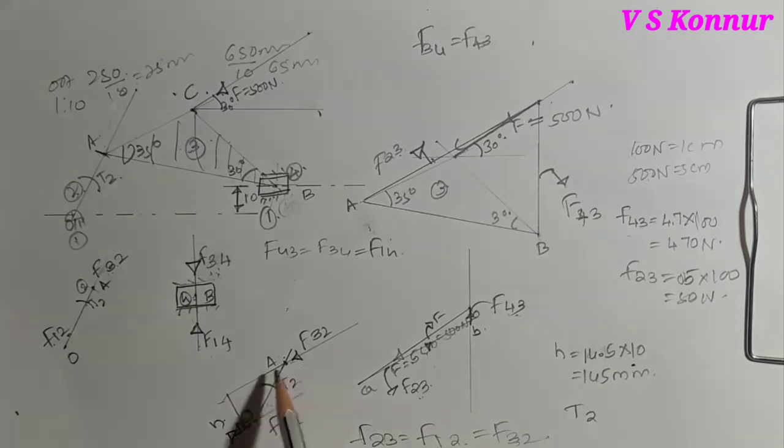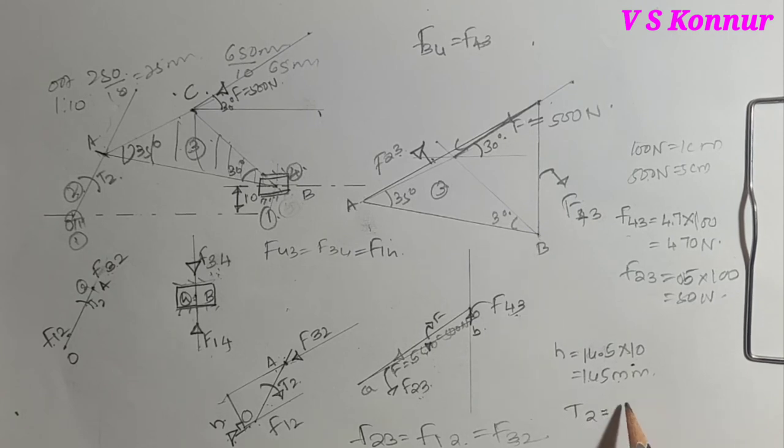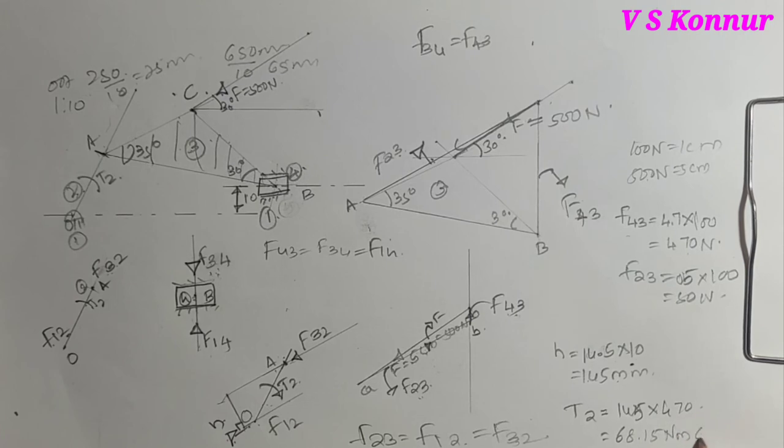Hence the couple acting is counterclockwise, torque acting is clockwise. And then the height you have to measure, you will get 14.5 multiplied by original scale. I have taken 1:10, so 145. T2 is calculated by multiplying height into the forces which are calculated here, 470 Newton. So you will get 68.15 Newton meter clockwise.